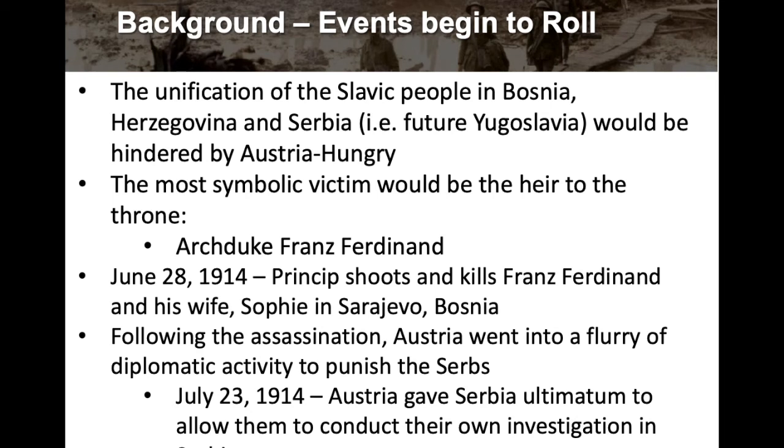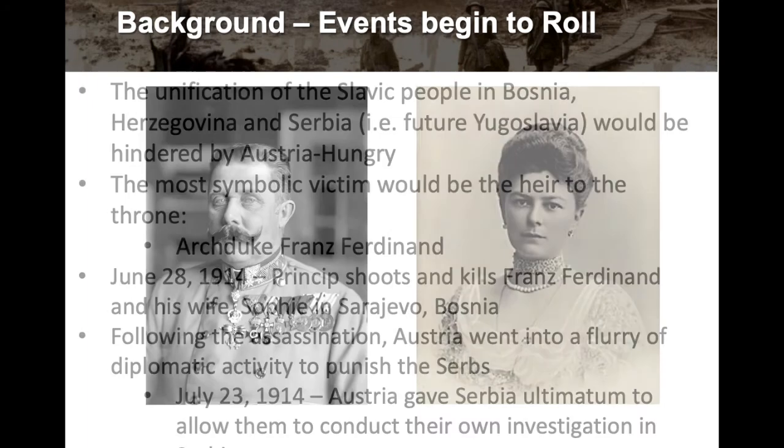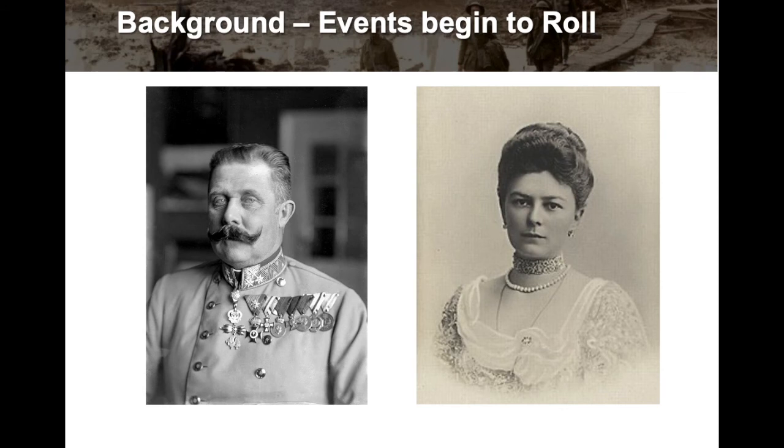Okay, so think about this. You have Austria, whose Archduke was just killed in Bosnia, which they had annexed. Now they want to go into Serbia, which is not part of Austria. Serbia is its own country with strong backing by Russia. Austria wants to go into Serbia and conduct their own investigation. Okay, keep that in your mind.